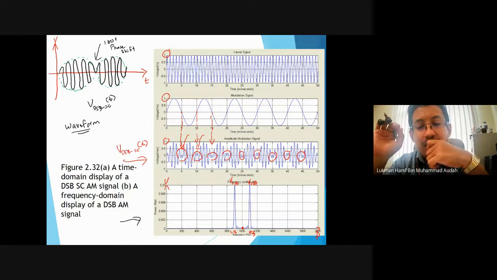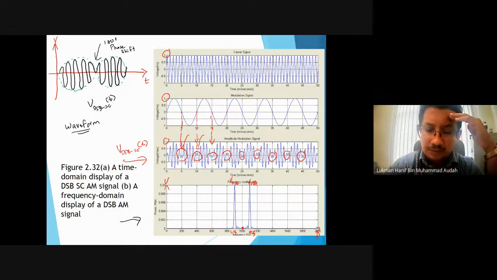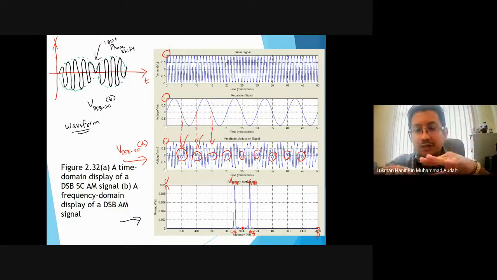So later you will see in the equations that when we suppress the carrier completely, the power is distributed to the sidebands. Apabila kita suppress, seolah-olah kita agihkan value itu kepada sideband.